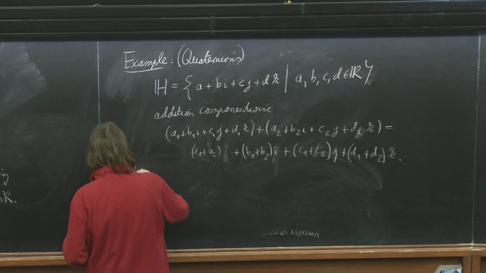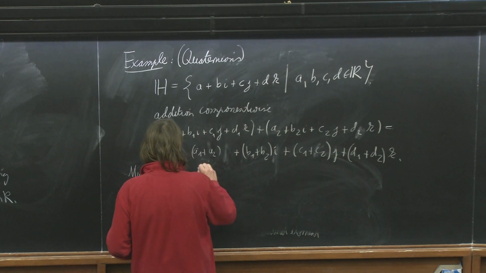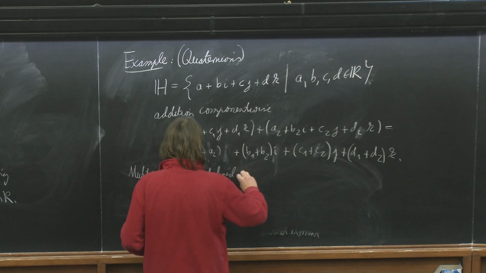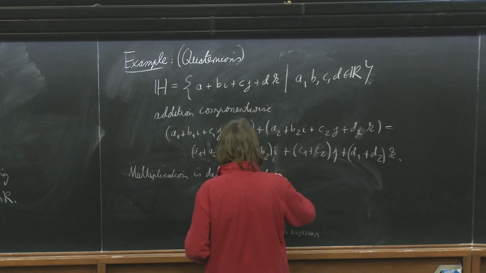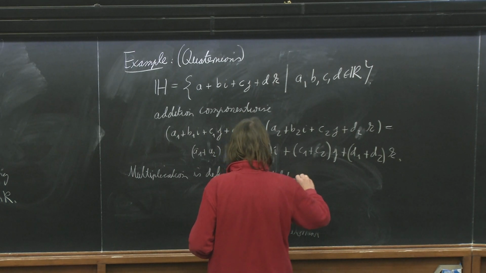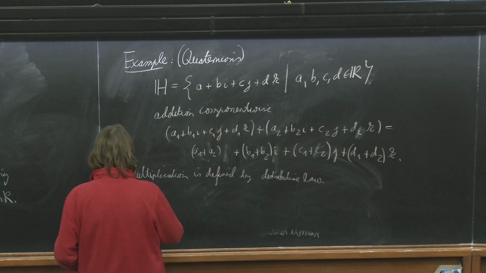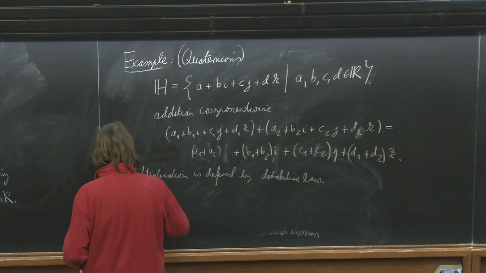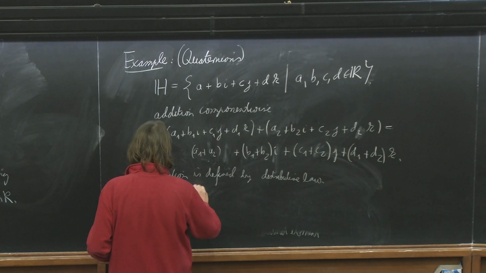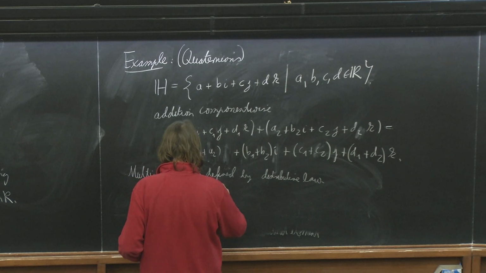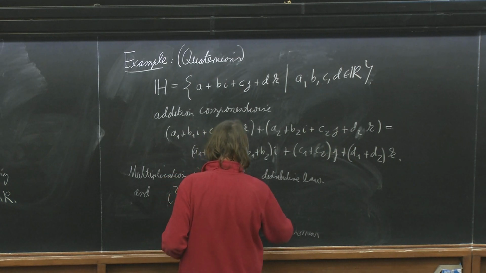So multiplication is defined by the distributive law, applied to these sums, and the rule that i squared is equal to j squared is equal to k squared is equal to -1, and this is also equal to i times j times k.